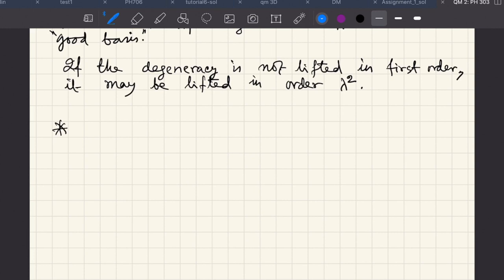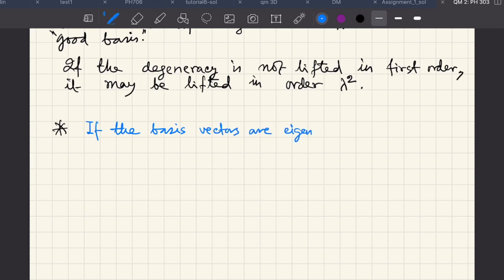You have to first select a basis, then diagonalize, and then you check that H1 is not diagonal in this basis. Therefore, you have to choose a different basis. So it's a problem.